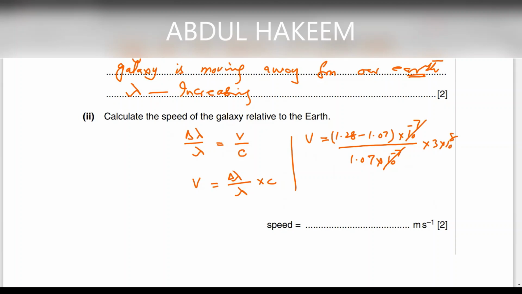The 10 power minus 7 cancels. So the change in the velocity comes to approximately 7.3 into 10 power 7.